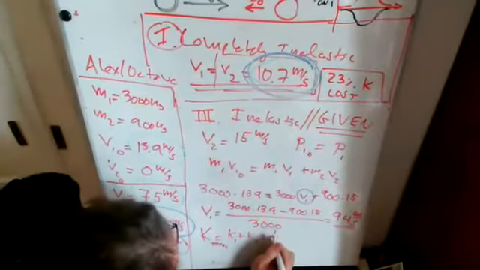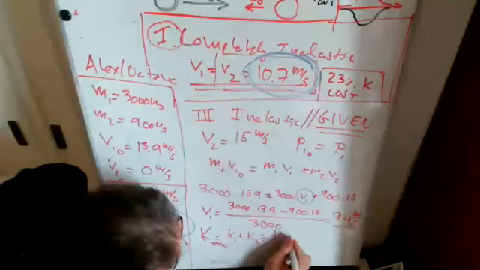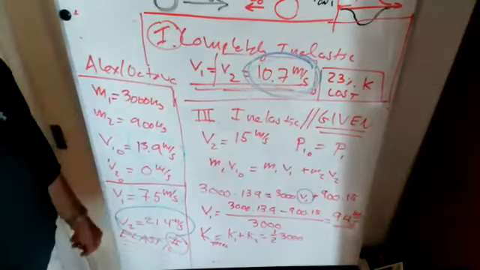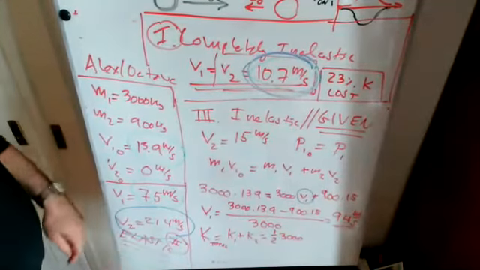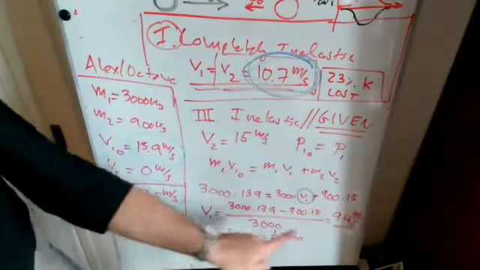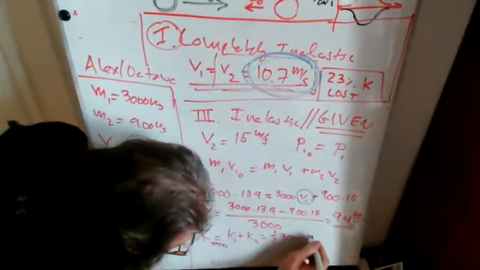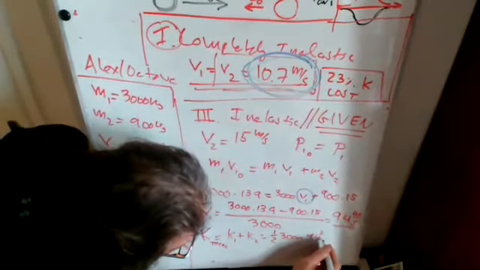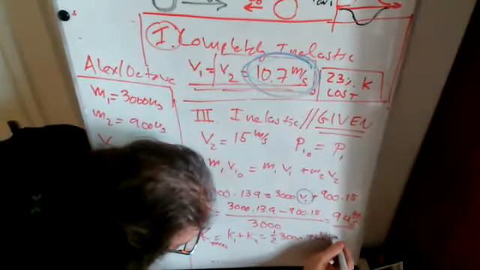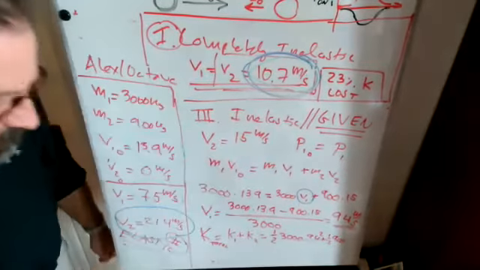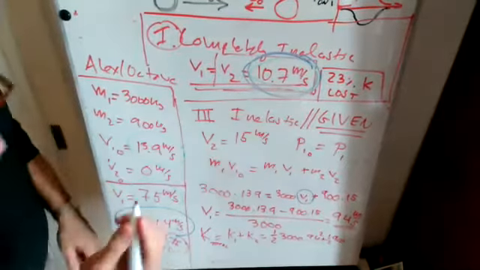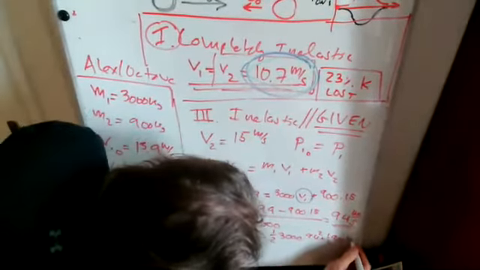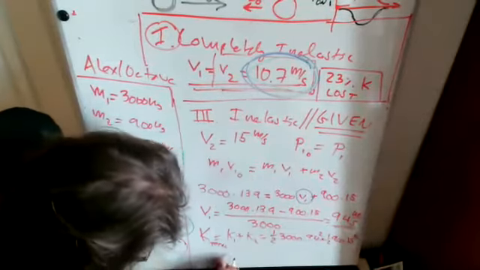So that would be 1/2 times 3,000 for the mass of object 1, and our speed is 9.4 squared. Plus 1/2 times 900, and then we need to plug in the speed that was given from the start, which should be 15 squared.